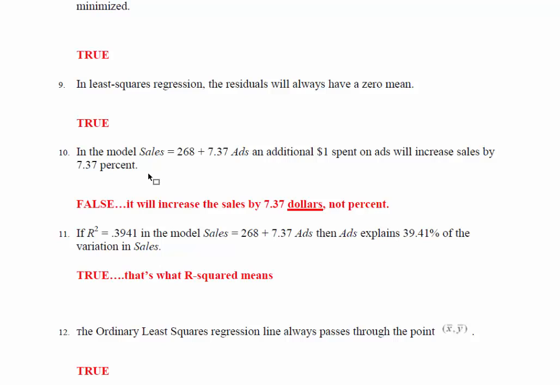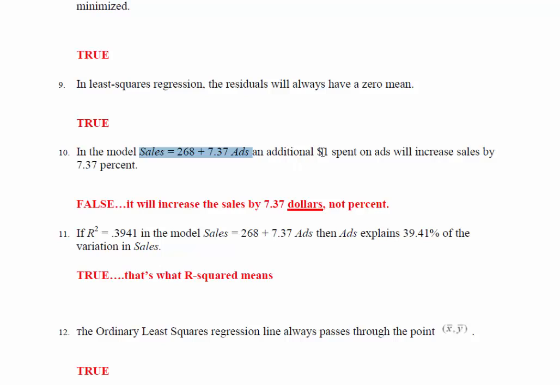Number 10. In the model, sales equals 268 plus 7.37 ads. An additional $1 spent on ads will increase sales by 7.37%. This is actually false. Why? Because this is ad spending.